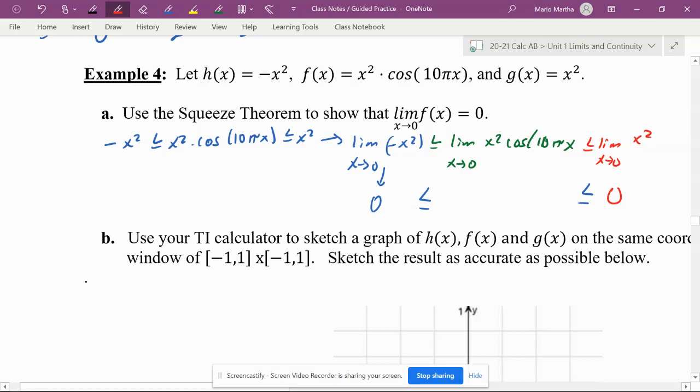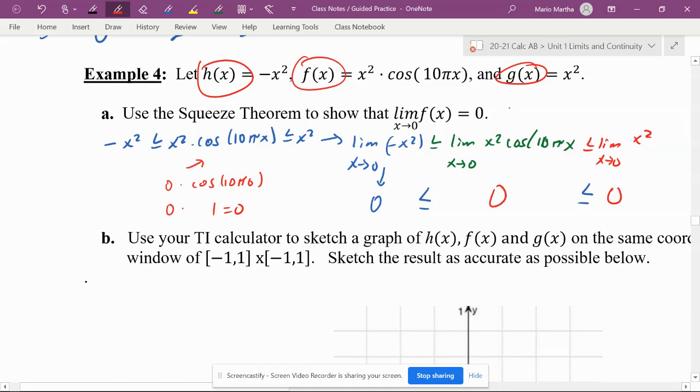And if we substitute 0 in the middle, we get 0 times cosine of 10 pi times 0, which is 0 times 1, so that's still 0. So all three are equal at that point, and that's equal to 0.